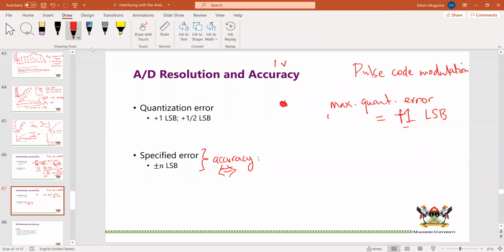This is actually something we've looked at before, where we say that accuracy is expressed in terms of full scale, but usually this is with DACs.